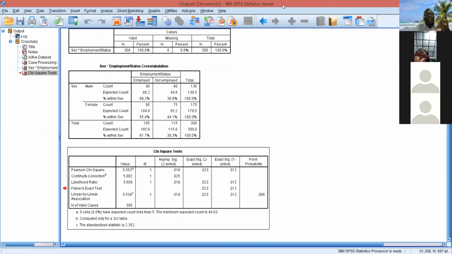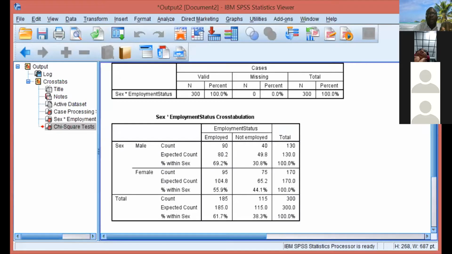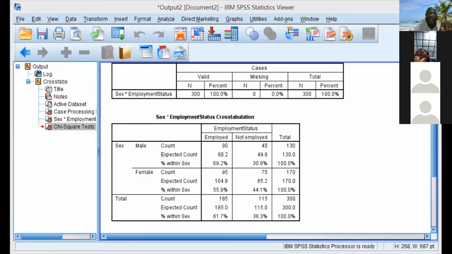Now, let's come back to this table, male, female. You will see 69.2%. That was what I calculated. I said 69.2% of male are employed, 55.9% of female are also employed.